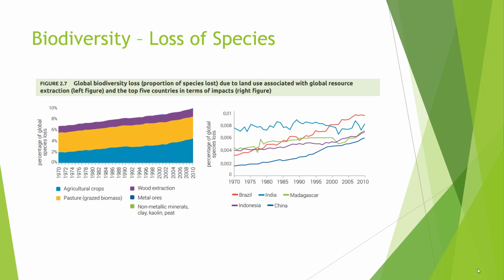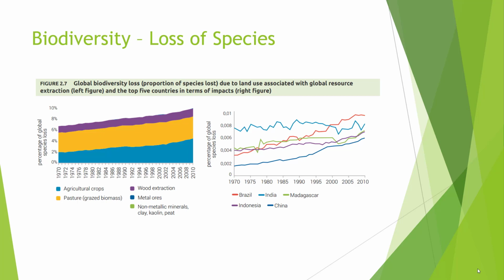And you can see that it's a large increase on that. And then wood extraction, again, you're cutting down trees, and then pasturing, so grazing biomass. So you're clearing out land for livestock. And then if you look down on the right here, the top 5 countries that are doing this, and Brazil is in red, and you can see that they are at the top right now.